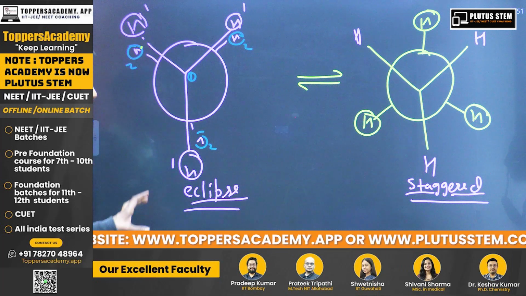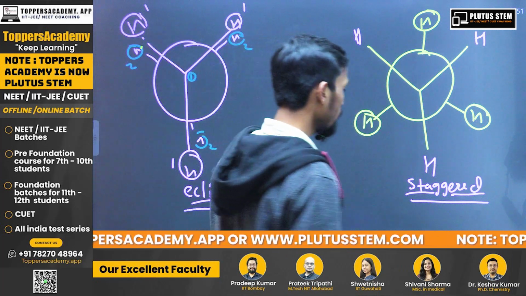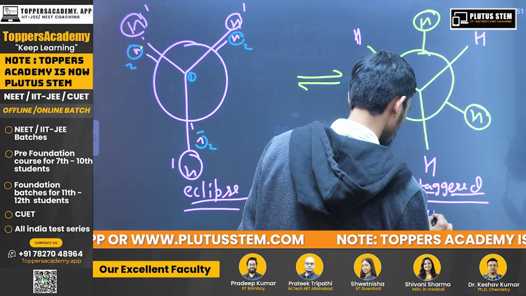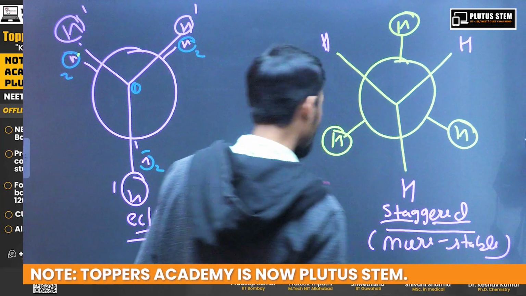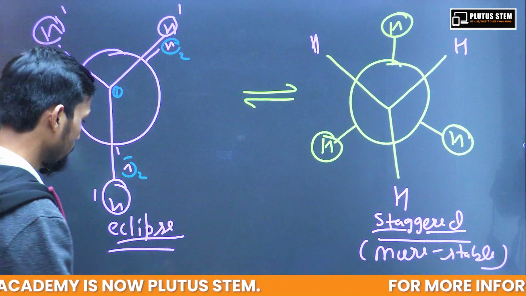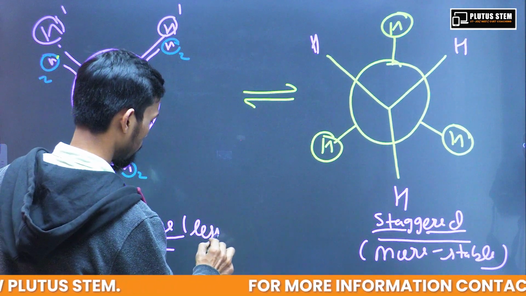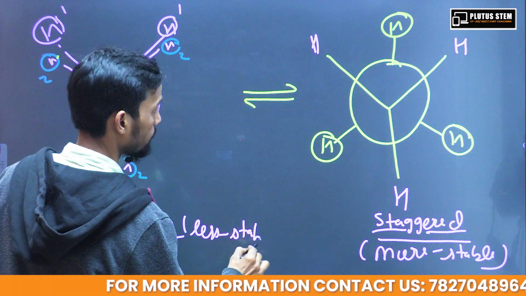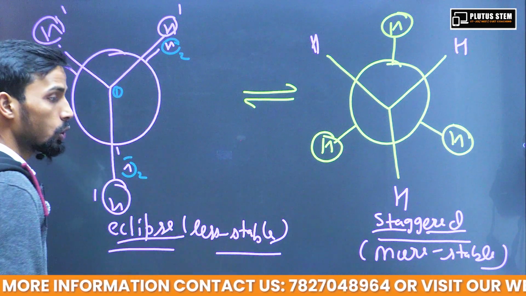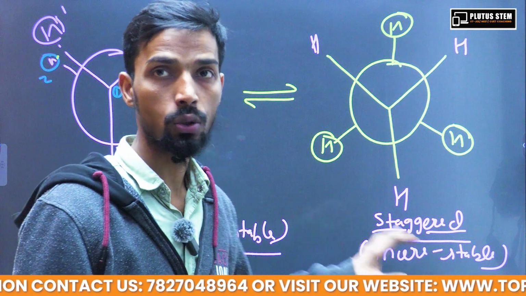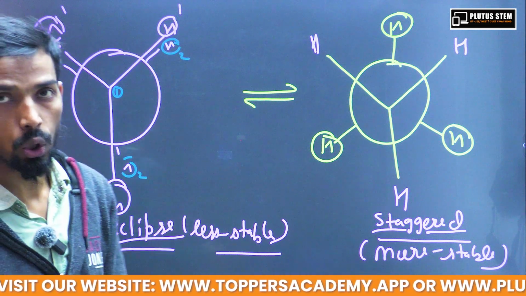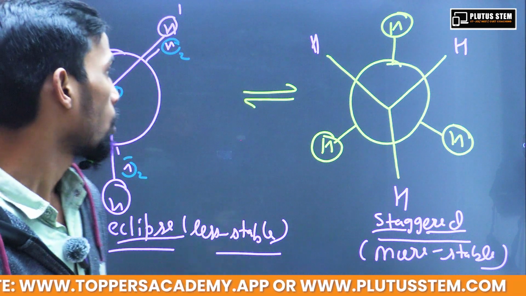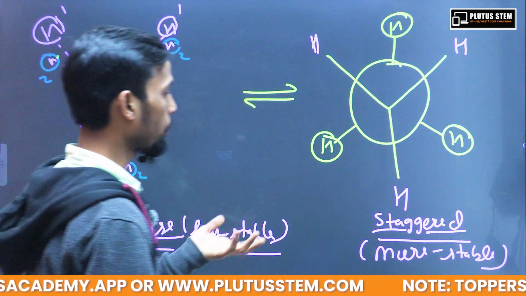If you see the stability, this one is more stable and this one is less stable. This one is more stable and this one is going to be the less stable form. So this is for the ethane molecule, and we can go through some more molecules like propane.